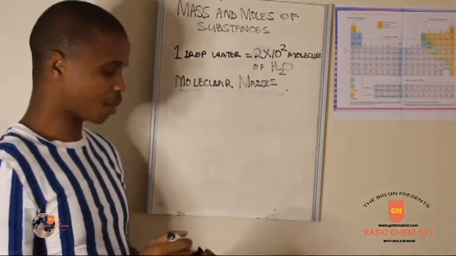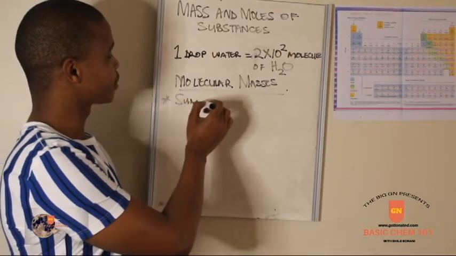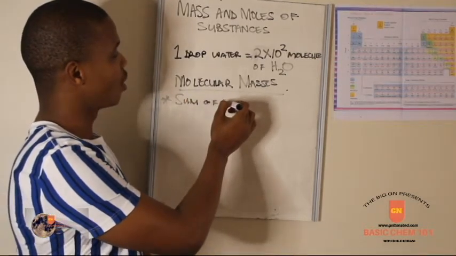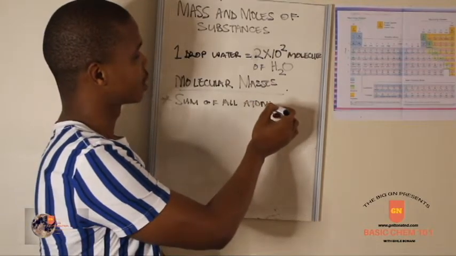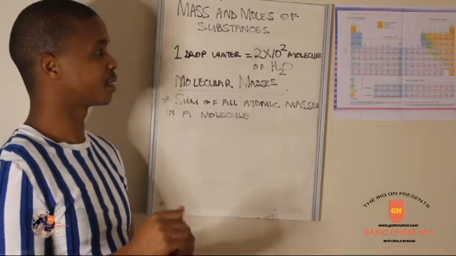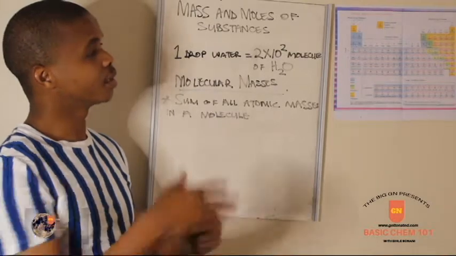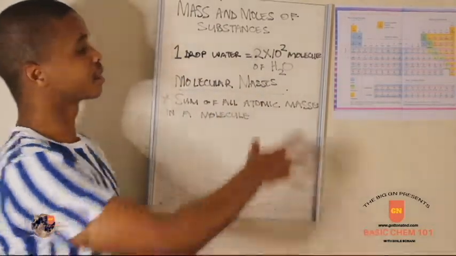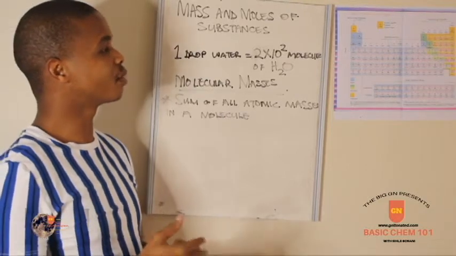If you're talking about molecular masses, you're talking about a sum of all atomic masses in a molecule. Remember, atomic masses are in the periodic table of elements.